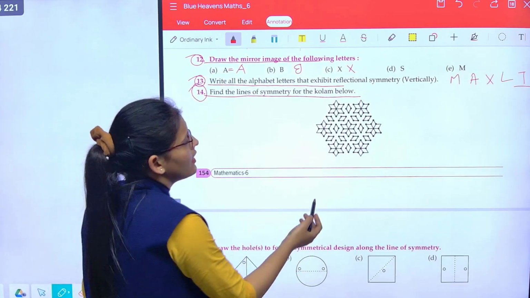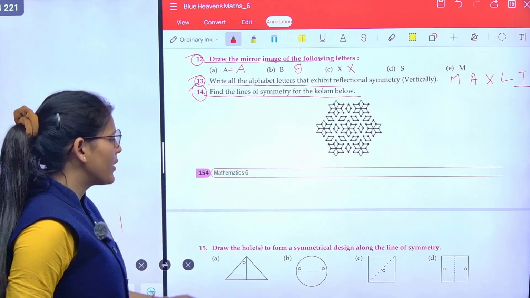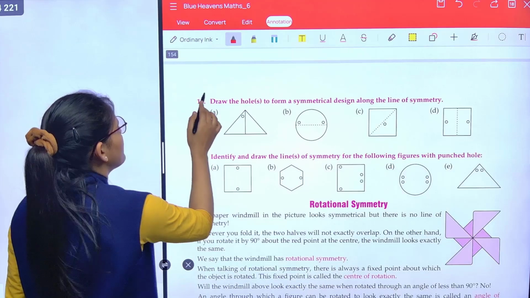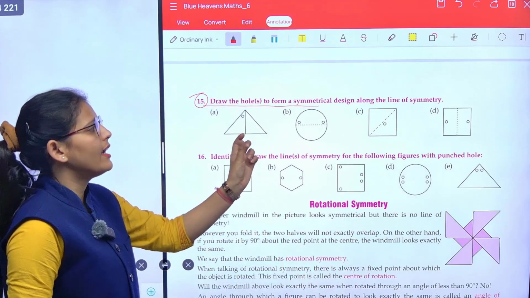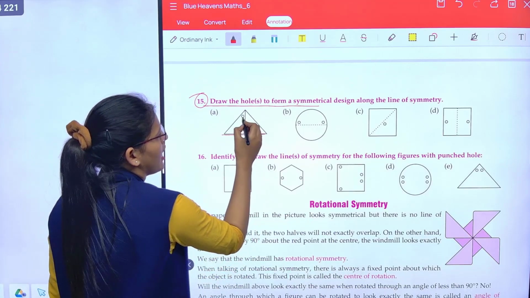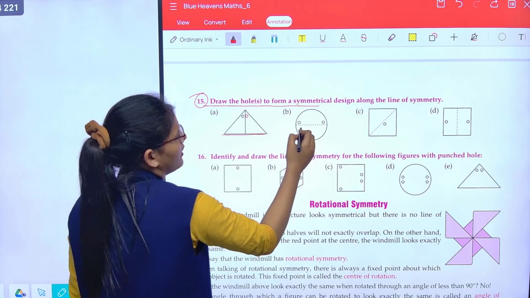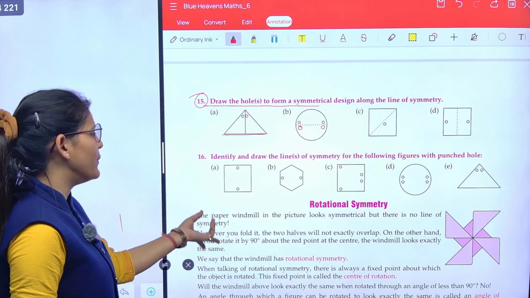Just find the symmetry. इसमें कोई line of symmetry नहीं है class. Okay. Come on, question number 15. Draw the holes to form a symmetrical design along the lines of symmetry. Class, ये क्या है? Mirror image है. So यहाँ पर है, so यहाँ पर ही होगा. Now like this. Okay. Rest of the part do yourself.